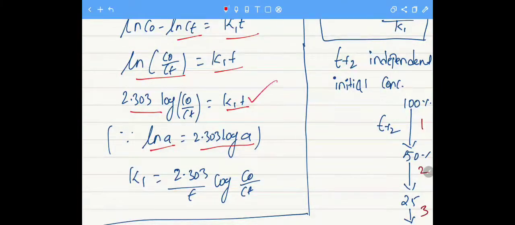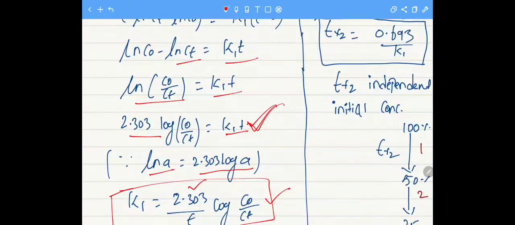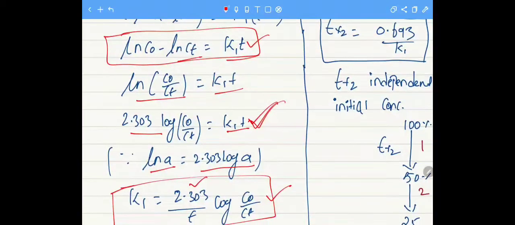Solve the above equation for k1. You will get k1 equals 2.303 by t into log C naught by Ct. This is the equation for first order kinetics in the log form. See, this is the equation if it is in the natural log form. There is another equation, which is Ct equals C naught e to the power of minus kt.